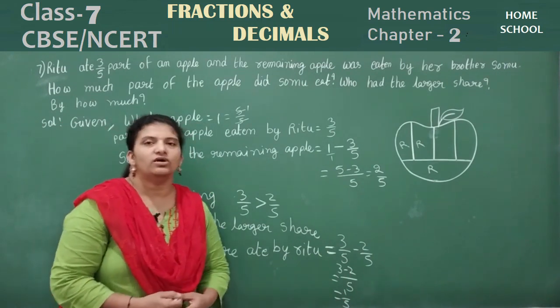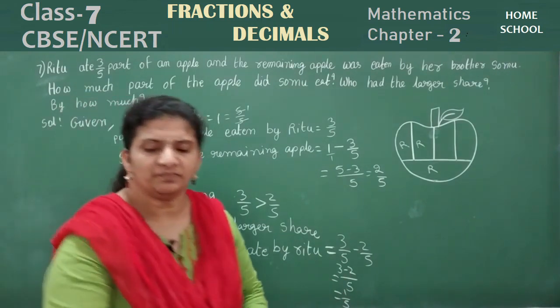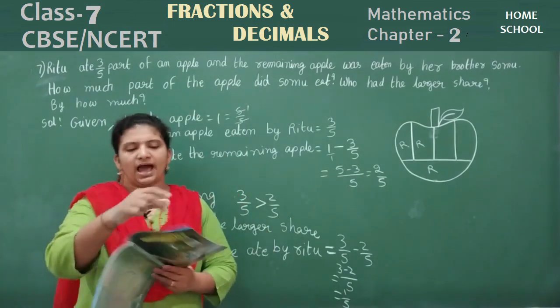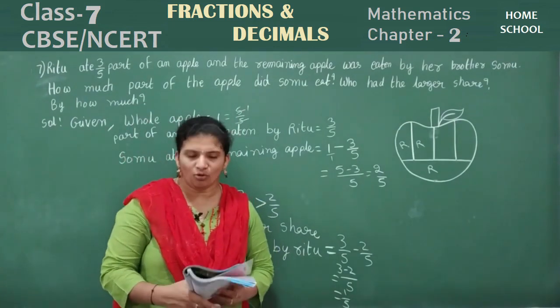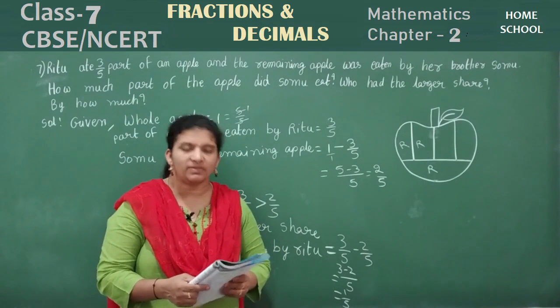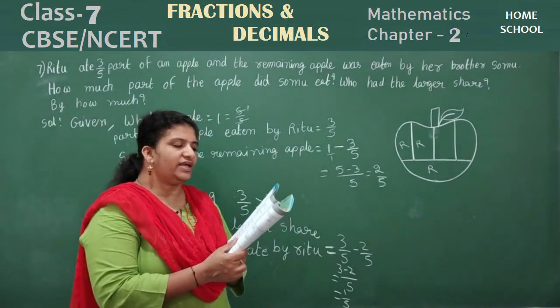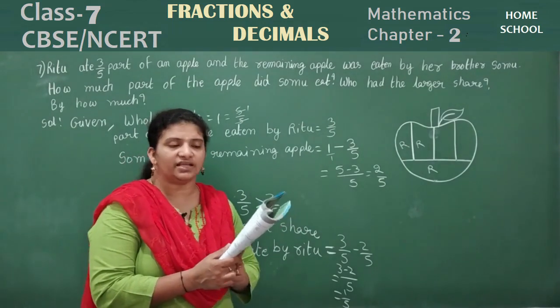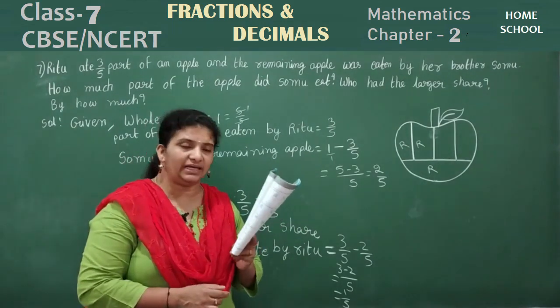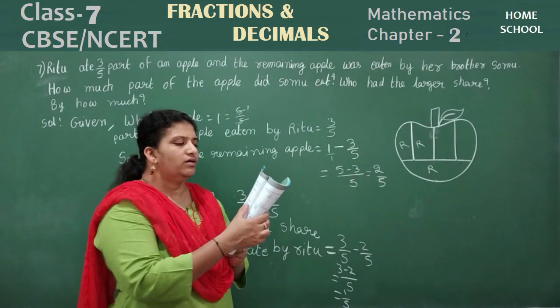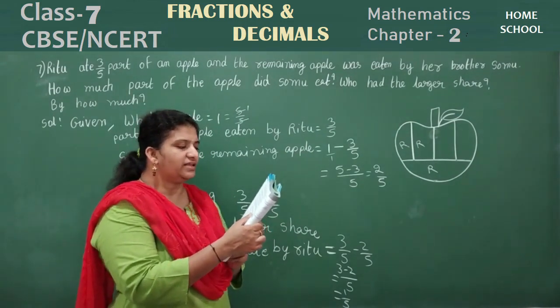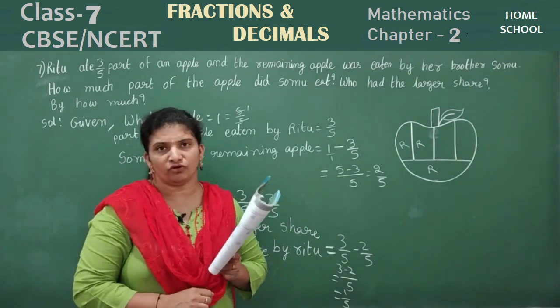Okay. So last problem here, children. Last problem, I'd like to give you homework. What is your last problem? Let me read the last problem. Michael finished coloring a picture in 7 by 12 hour. Vaibhav finished coloring the same picture in 3 by 4 hour.